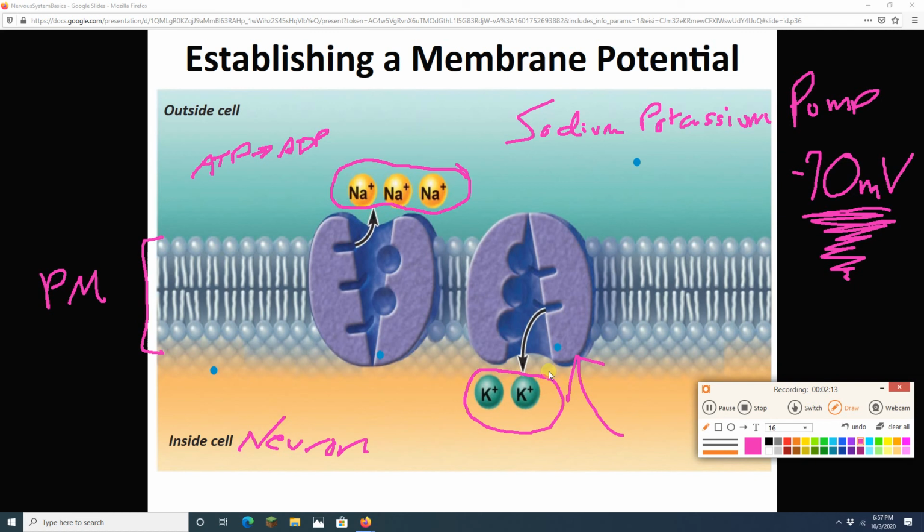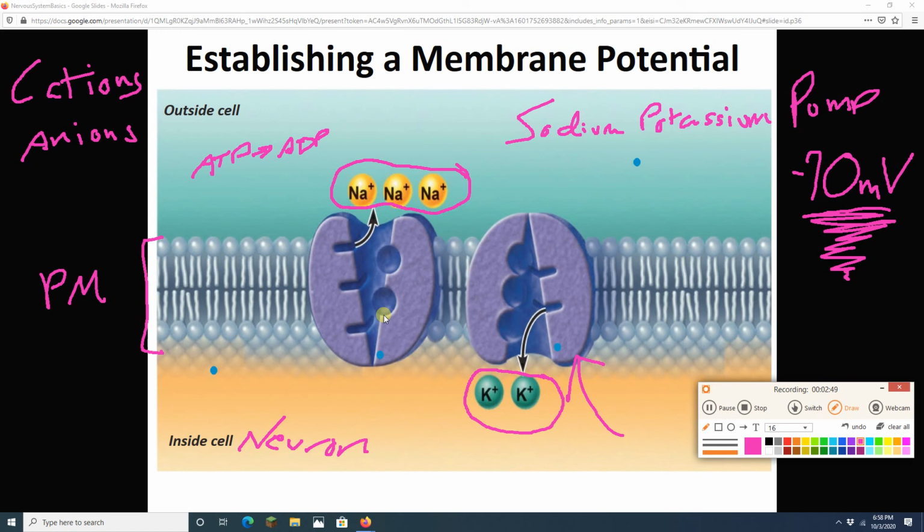Now, what I want you to notice here is that sodium and potassium ions, they are cations. Think back to chemistry class. Remember that there are cations and there are anions. The T in cations looks like a plus, sort of. So they're cations, they have positive charges. So every time the sodium potassium pump does its job, breaks down an ATP, it moves 3 pluses out and only 2 pluses in.